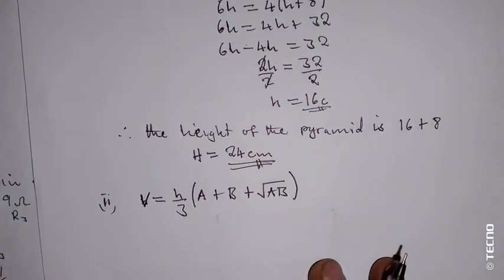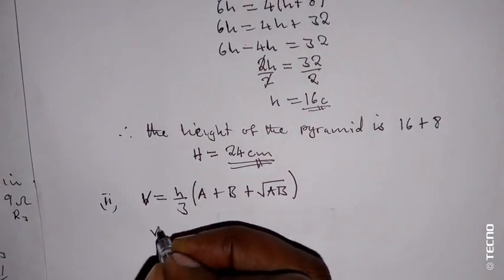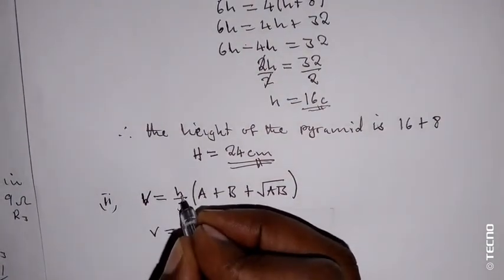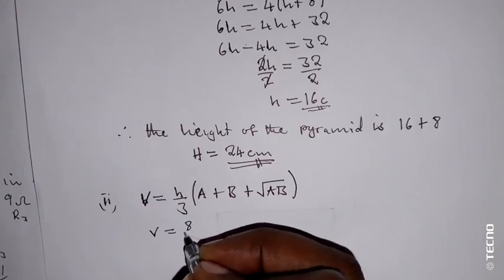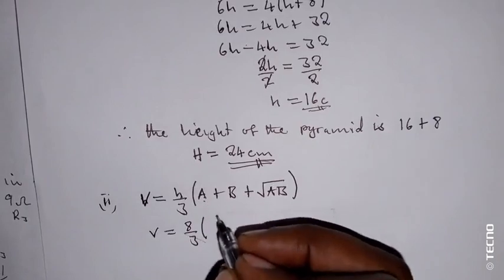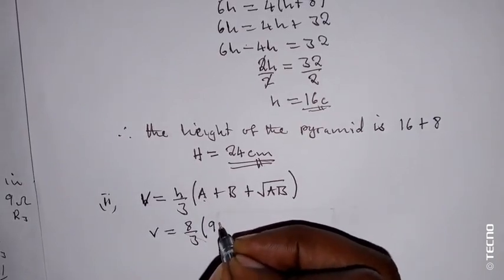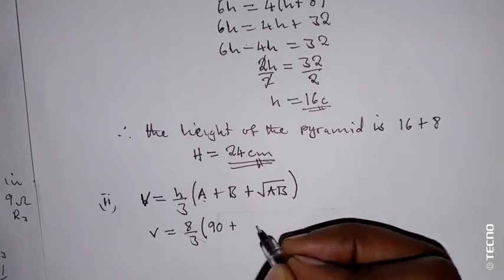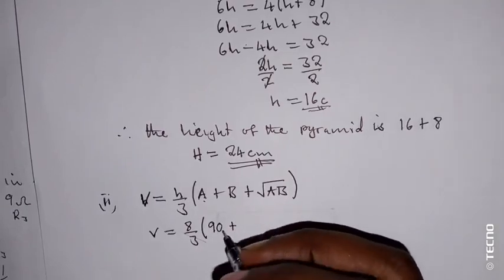So replacing in this formula, we say V is equal to, where there is h, you put 8 over 3, open bracket. A, we said A is 90. So here we put 90 plus B, it's 40.